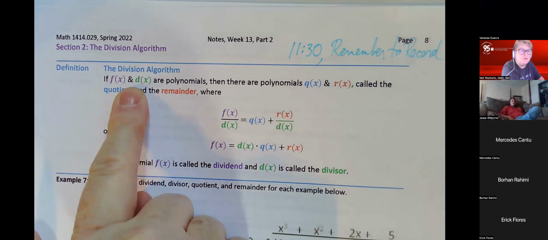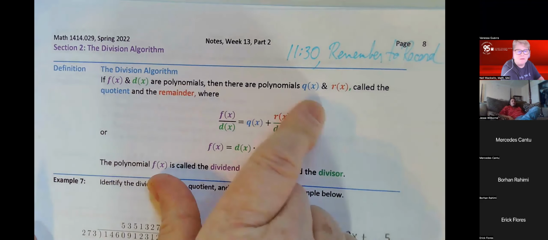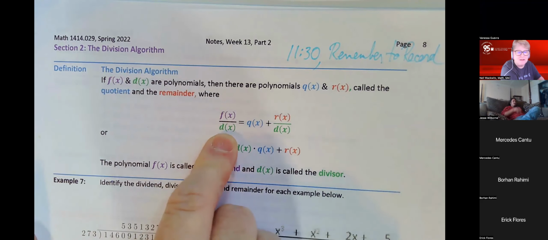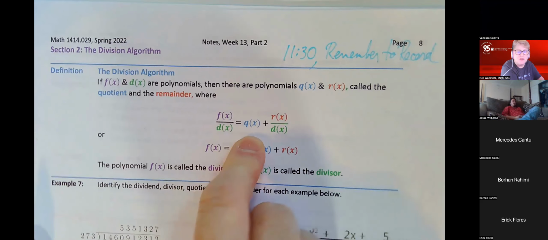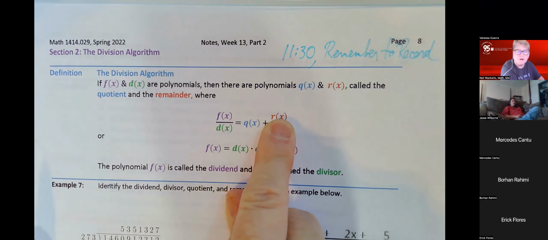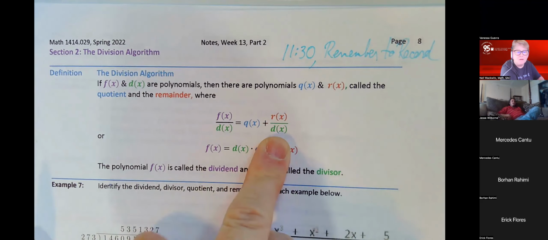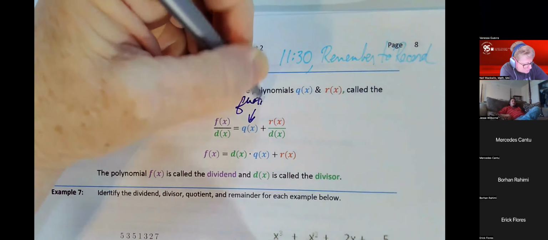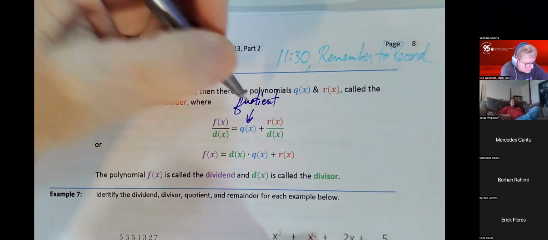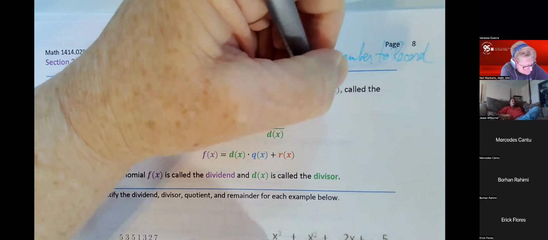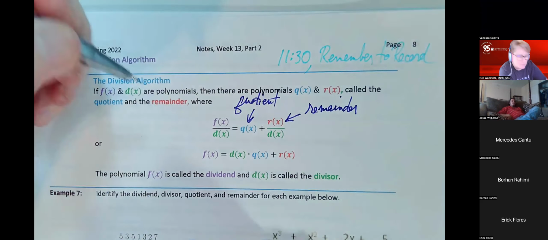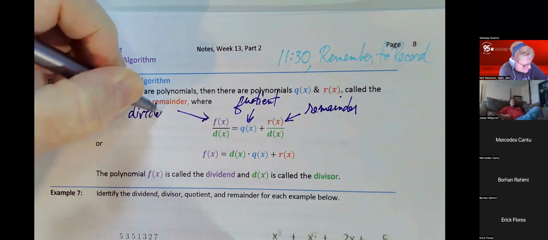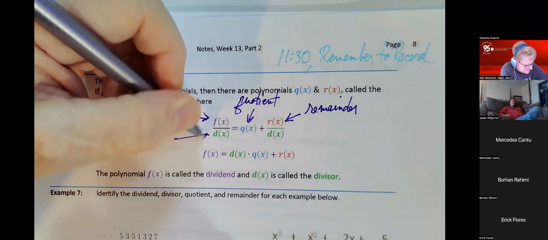So if we have F divided by D, we get an answer that's called Q and a remainder that's called R divided by D. We call Q the quotient, R the remainder, F is the dividend, and D is the divisor.